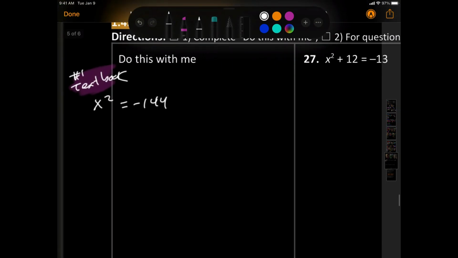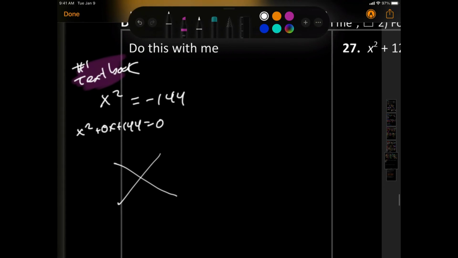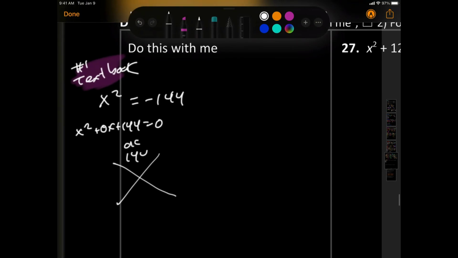And I want to show you that if you add 144 to both sides, you get x squared plus 0x plus 144, and then you would try to use your xbox method, and then you would do something like a times c is 144, and then a b value of 0. Now pay attention, you couldn't do 12 and negative 12, because although that adds to be 0, that would multiply to be negative 144. So our method of factoring here does not work.